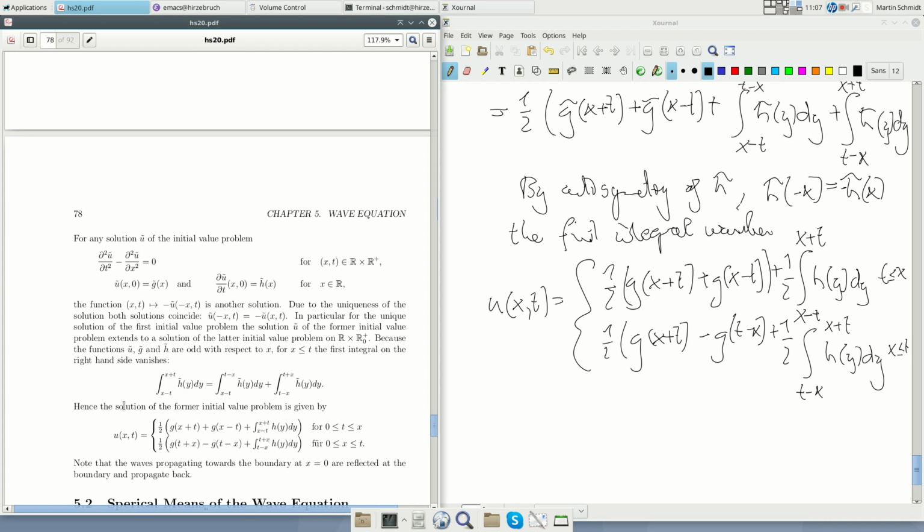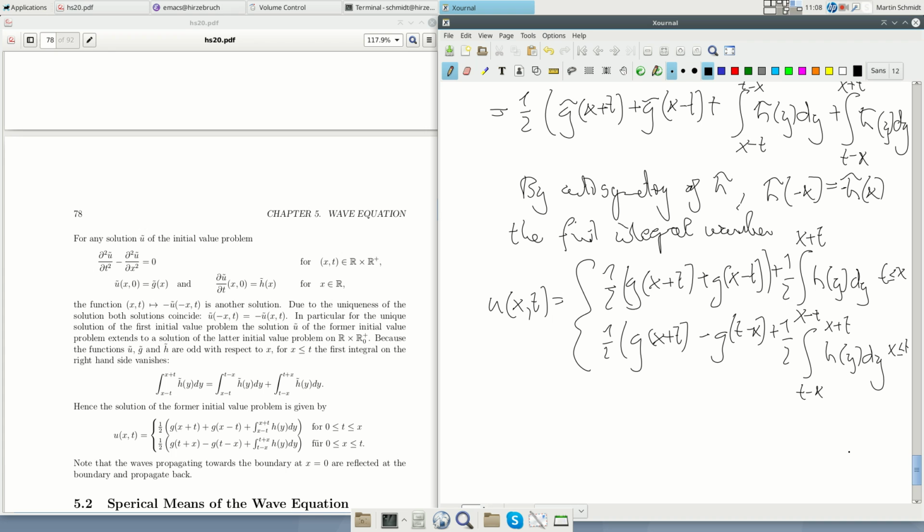Yeah, so this is now our formula, and then one sees by this term that if they come to the boundary, so if x becomes equal to t, then the wave is reflected at the boundary. We get this other solution which comes from a reflection at the boundary.